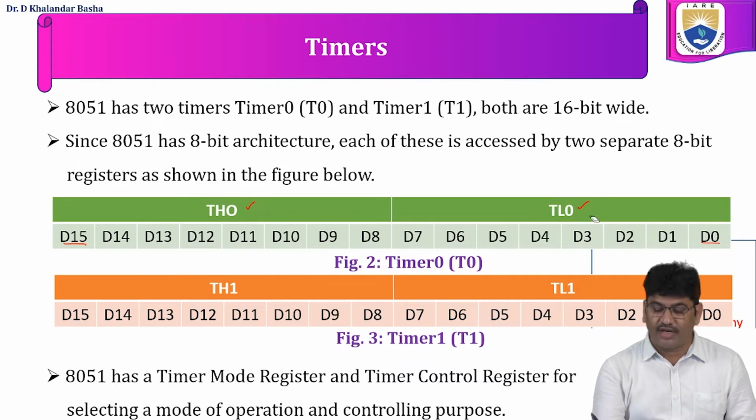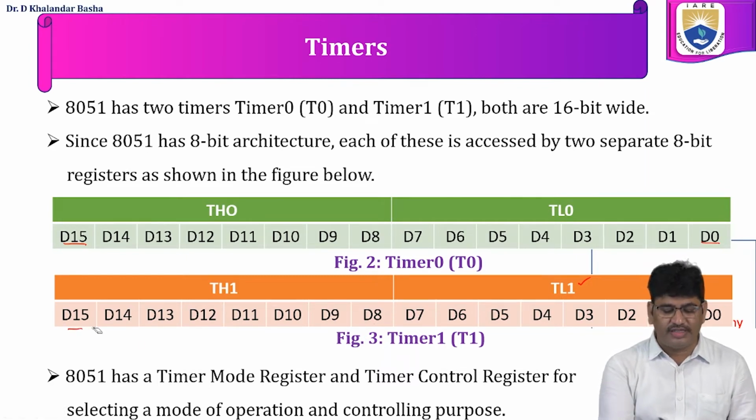Similarly, for timer 1, that is the T1 register, which is 16-bit size, the bits D0 to D15 are provided in two registers, that is TL1 and TH1. TL1, which is the timer 1 low register, consists of the bits D0 to D7, whereas TH1 will contain the bits D8 to D15.